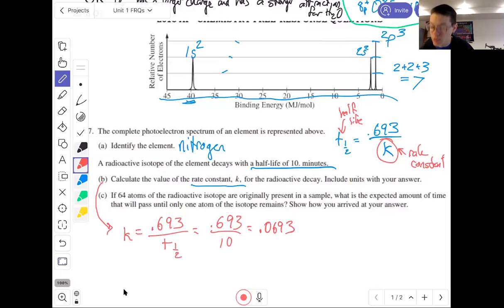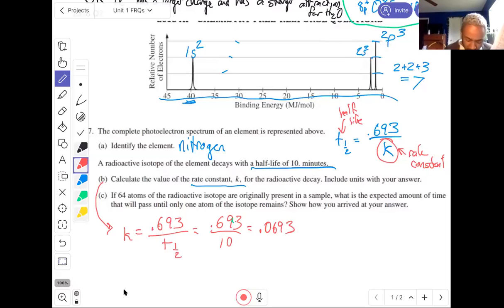And it says include the units. Is there a unit in the top number? No. What's the unit with the bottom number? Time. What specific time?